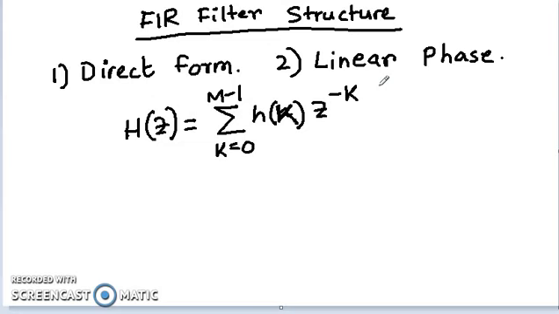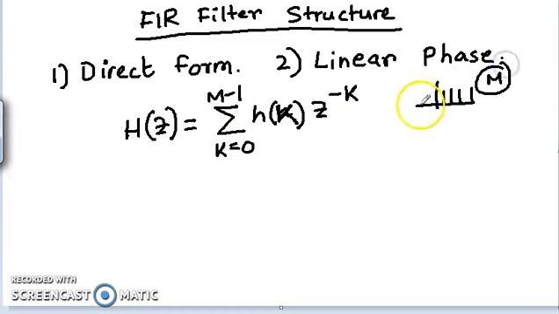Understood? Now, if I consider 0 to M minus 1, that means M impulse response values will be present. So, the order of the filter becomes M minus 1. Okay.